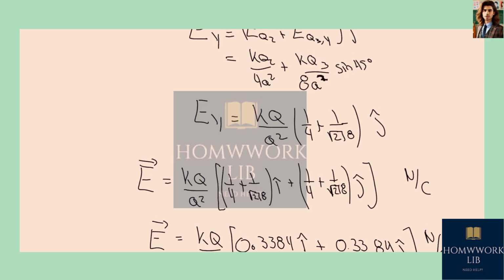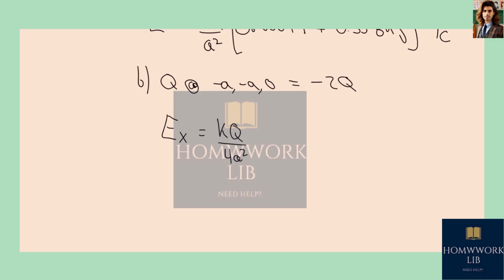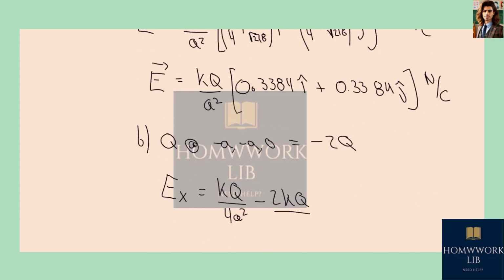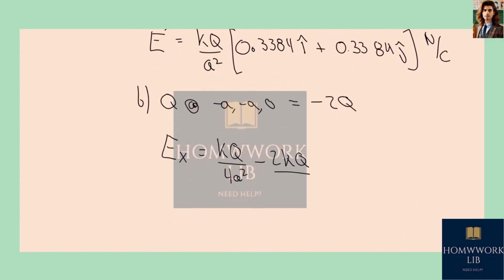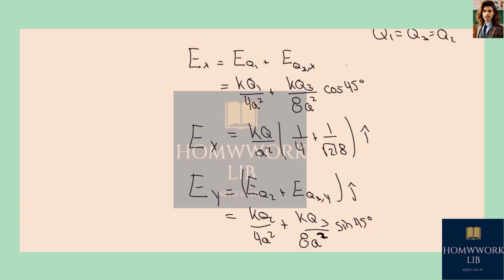But now the second factor is going to change by a factor of minus 2. So this is going to be minus 2 times kQ divided by 8 times a squared, multiplied by the cosine of 45 degrees.